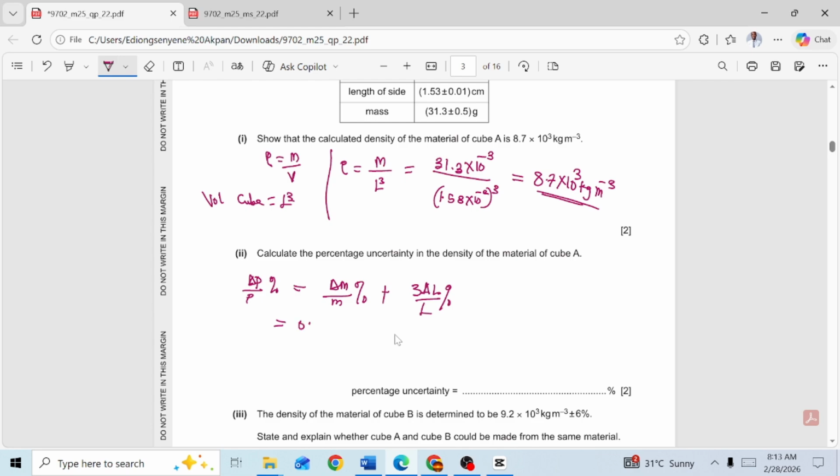This gives us 0.5 over 31.3 plus 3 times 0.01 over 1.53, all times 100. This will give us 3.6%, which is equivalent to 4%.